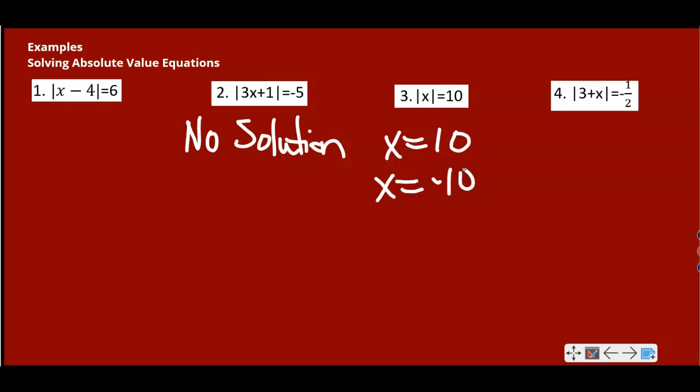That one was very easy. There were no operations to take care of, but you can plug these in and check it. The absolute value of 10 equals 10. The absolute value of negative 10 also equals 10, so that one's easy to see is correct. All right, number 4, the absolute value of 3 plus x equals negative 1/2. Again, this one's equal to a negative number, so there is no solution here.